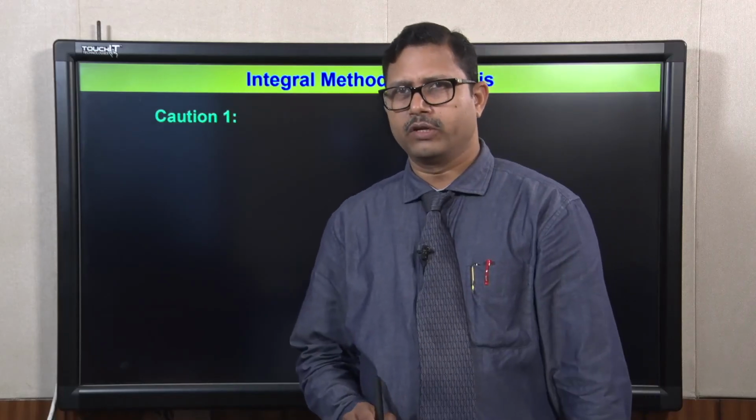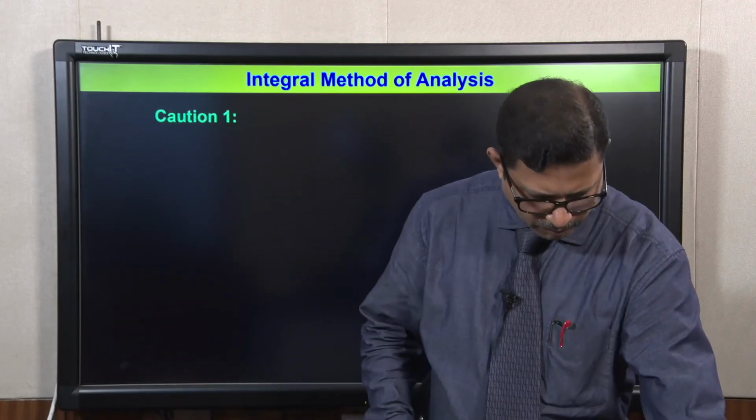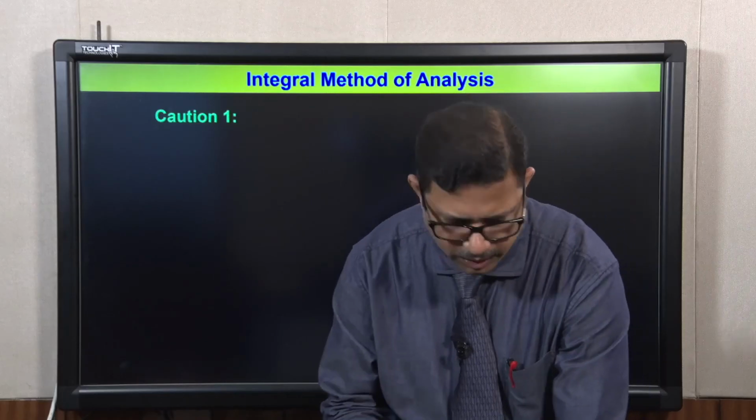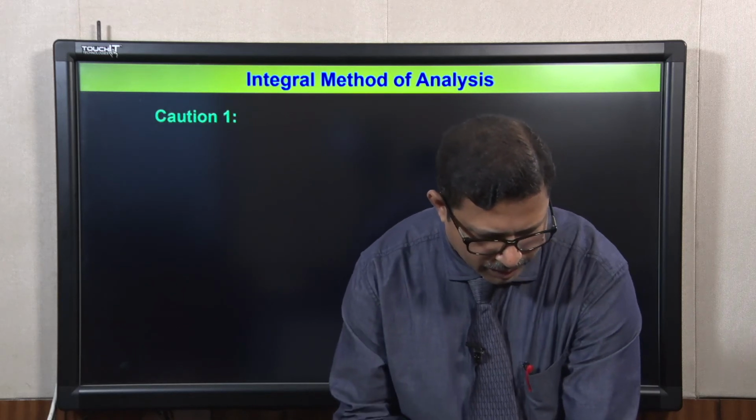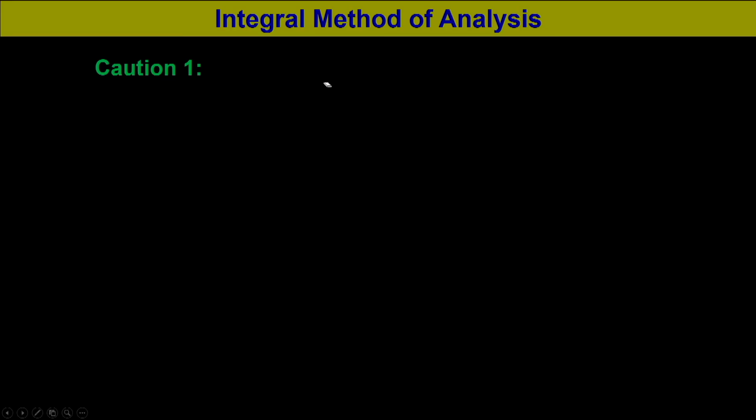Let us consider two different cases. One is if the reactants are introduced in equivalent amounts, so equimolar or stoichiometric amount. In that case, Cb naught by Ca naught, that is m, is equal to 1.